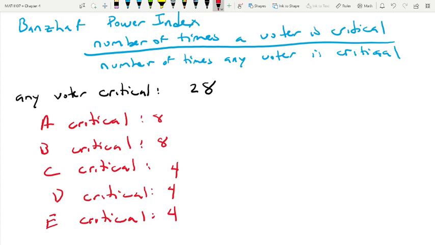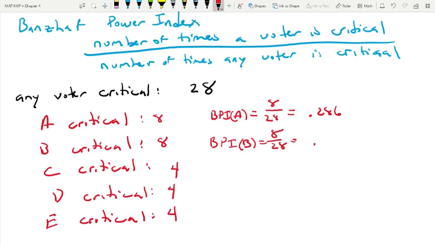So now we can figure out that number, and so the power index number for A is going to be 8 out of 28, and we're going to round this to be 0.286. The number for B is also 8 out of 28, and that will also be 0.286.